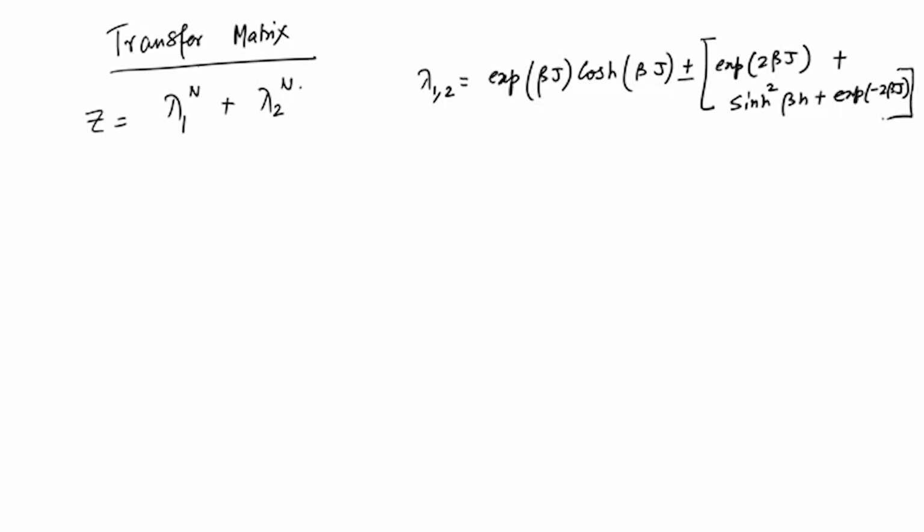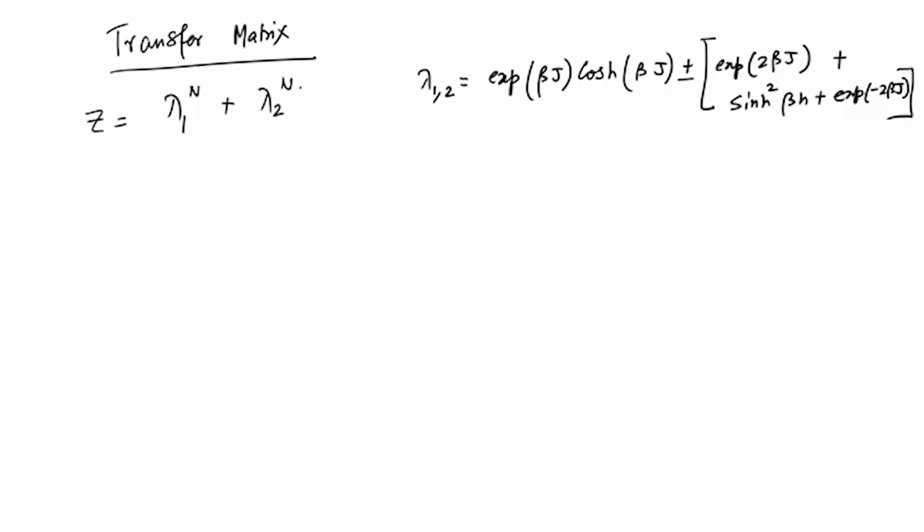And this was derived yesterday. These are the 2 eigenvalues, where J is the nearest neighbor interaction between the spins, and h is the effective magnetic field, or just the magnetic field. There is a factor of the magnetic moment that is included there, but let us not worry about that.